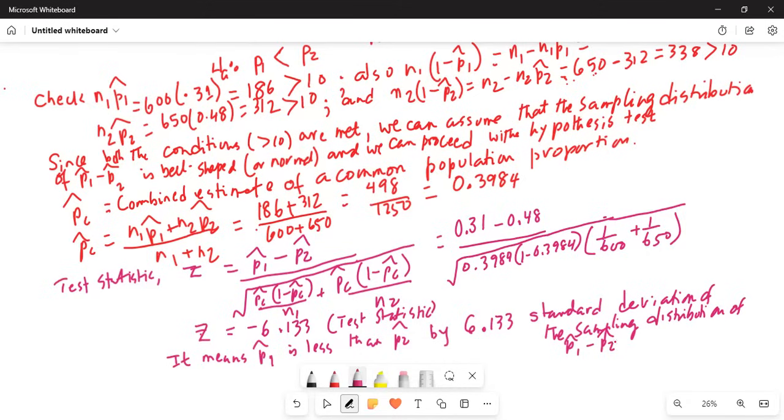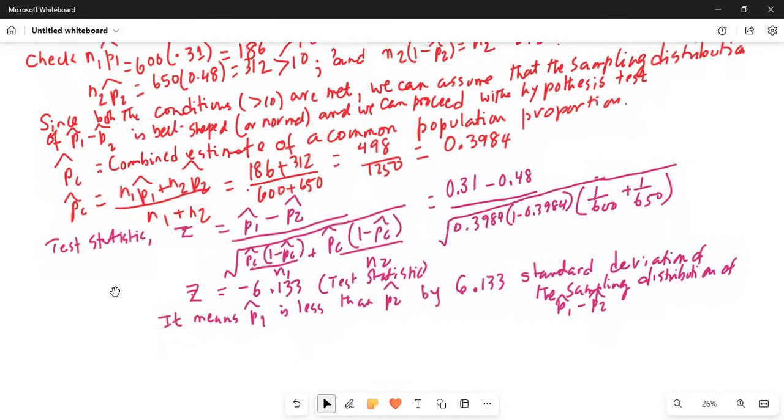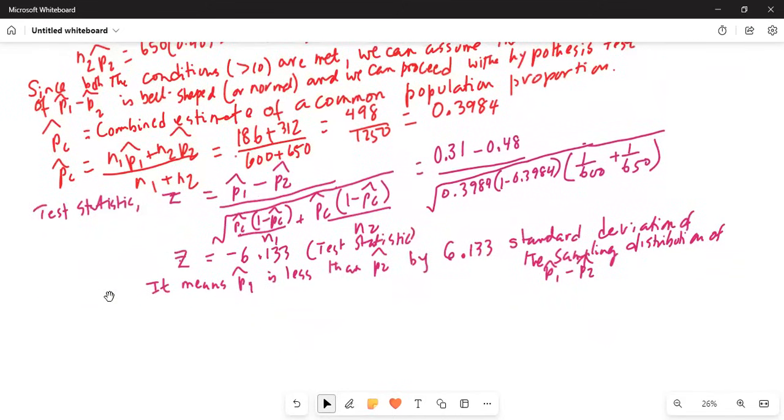So we need to find out the probability value of getting a test statistic as extreme as minus 6.133. So please do not leave, do not quit. I'll give you the tips for doing this. Here, think of the standard normal curve.